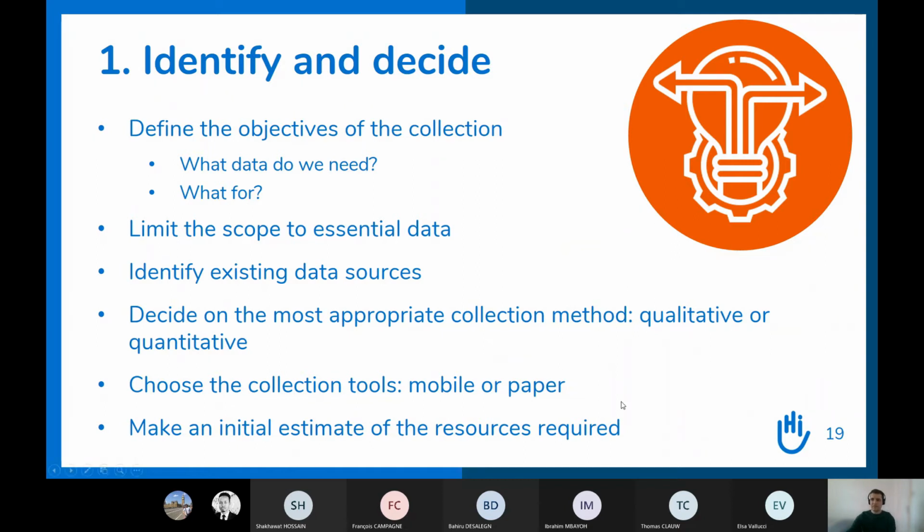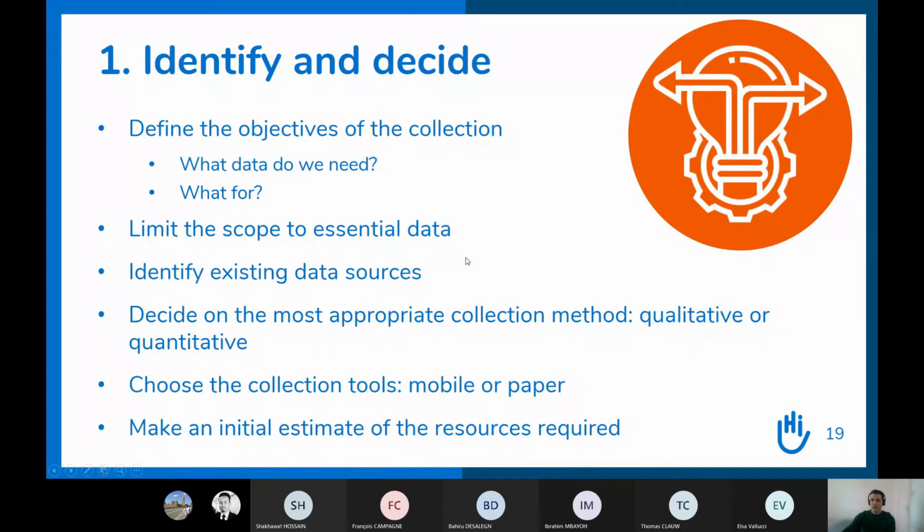The third thing is to identify existing data sources. Sometimes you don't even have to go on the field and collect data. Sometimes the data is already there, already accessible, and in this case you just have to know where it is and get it. So that's what I said earlier: sometimes information management does not even imply data collection.